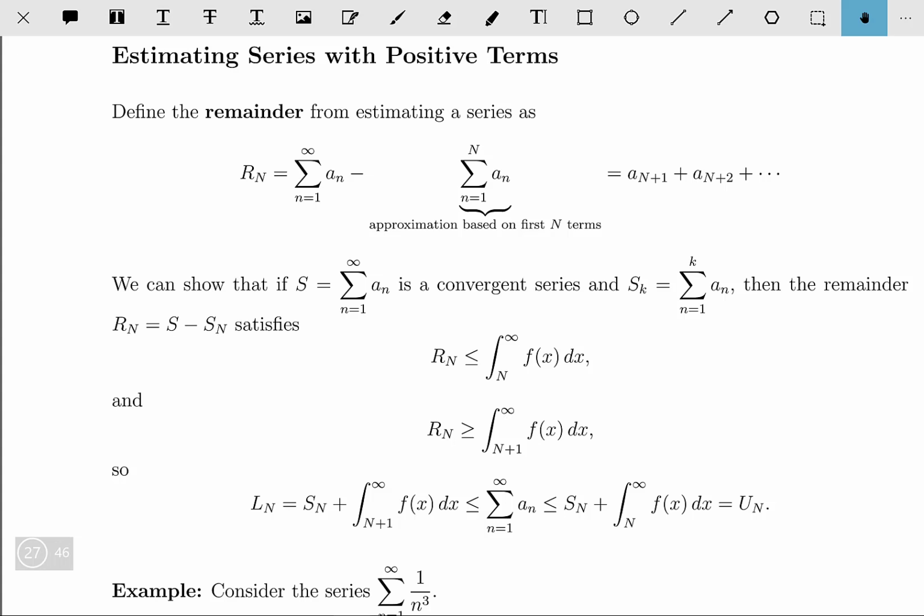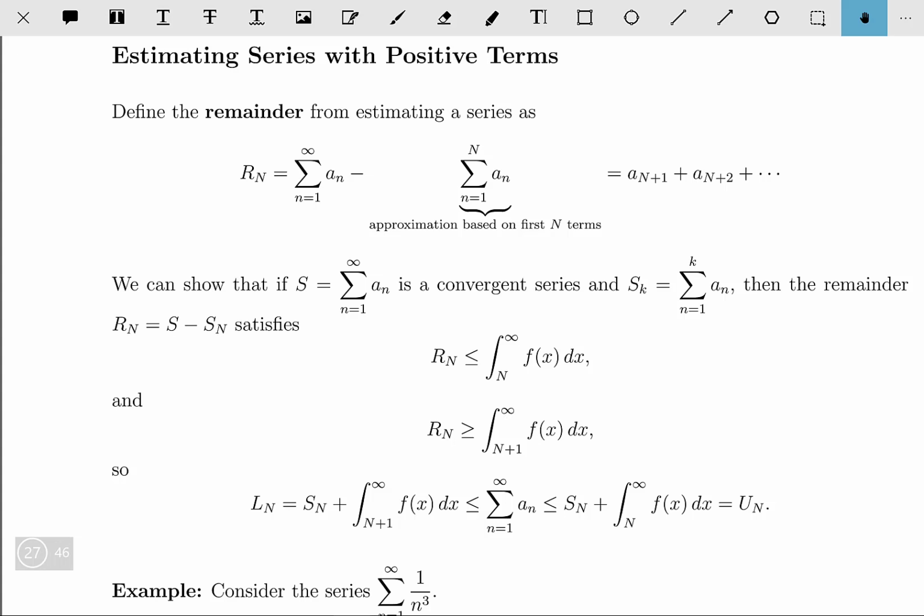What we want to do is estimate our series by a partial sum with the first capital N terms. The remainder is the difference between the actual value of the series and our approximation, which would just be the N plus first term plus the N plus second term plus basically the sum of all the terms that we didn't add up.